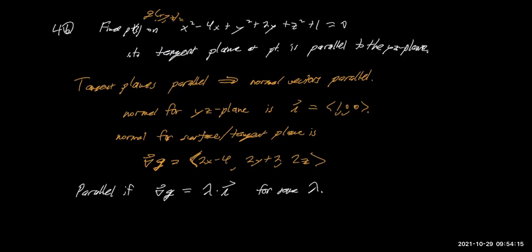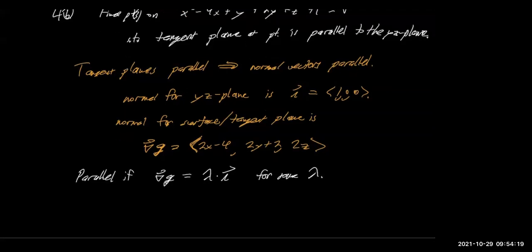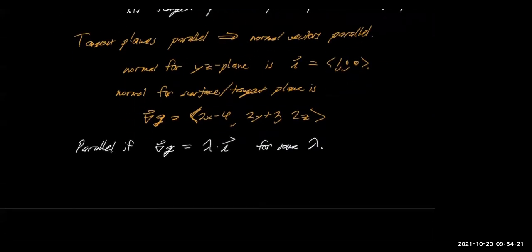Do you start to see how this becomes exactly the same problem? The gradient of G is 2x minus 4, 2y plus 2, 2z, and the other side is lambda times 1, lambda times 0, lambda times 0. These are exactly the same equations that we had.